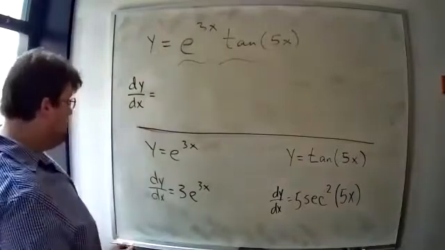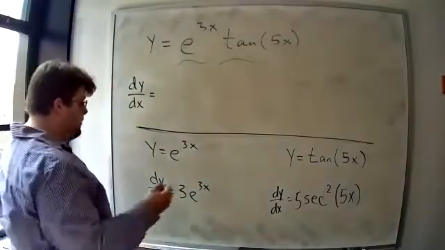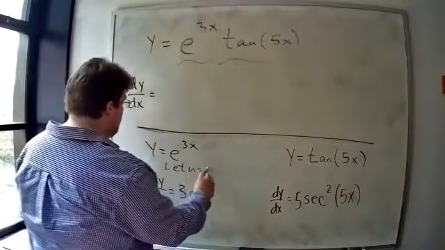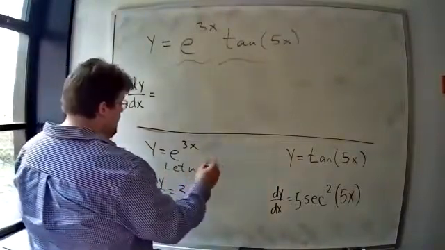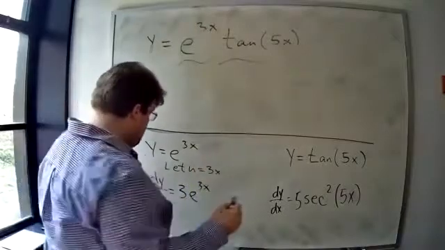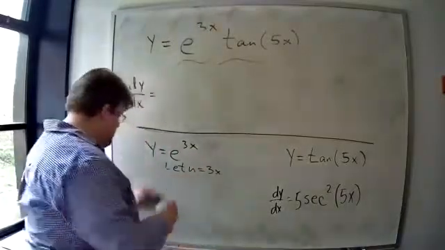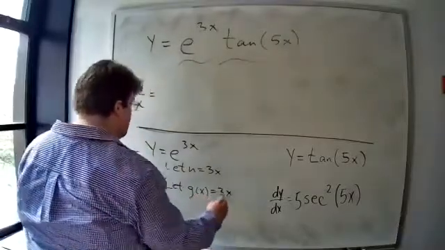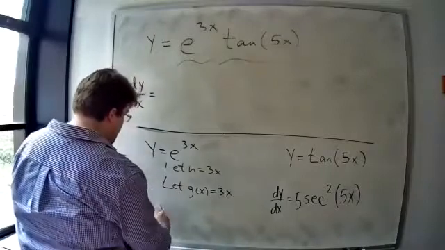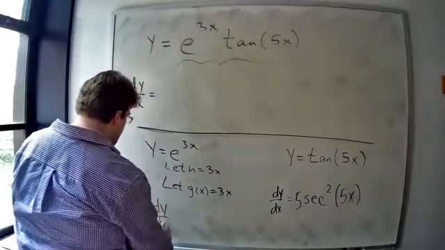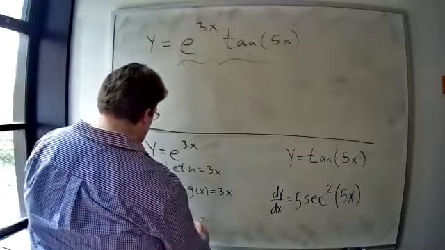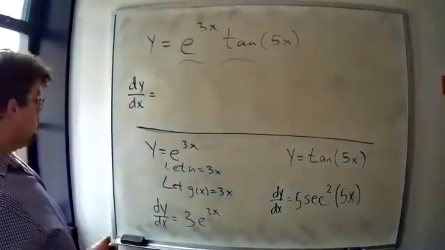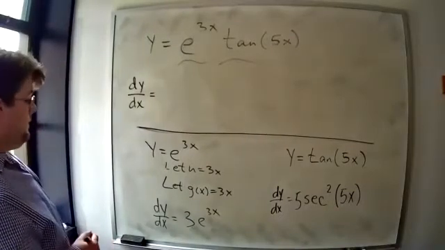If you wanted to write a substitution here, you would let u equal 3x, or you would let g of x equal 3x. And either way, you would get that the derivative here is 3e to the 3x using the chain rule and exponential rule.